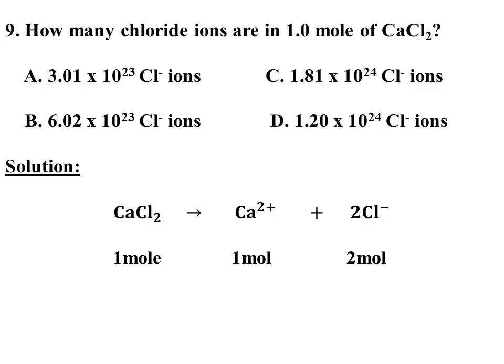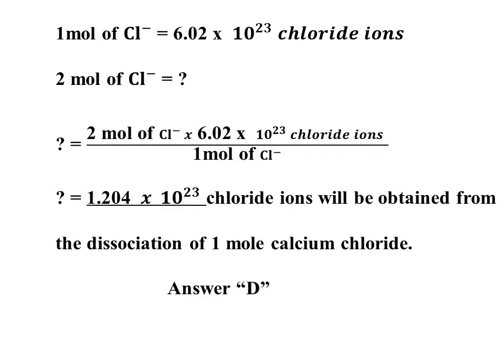That means from this balanced chemical equation, 1 mole of calcium chloride dissolves to give 1 mole calcium ion and 2 mole chloride ion. From 1 mole calcium chloride we can obtain 2 mole chloride ions. 1 mole of chloride ion contains Avogadro's number of chloride ions. 2 mole of chloride ion will give what?